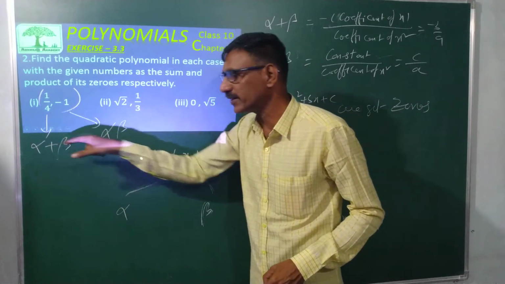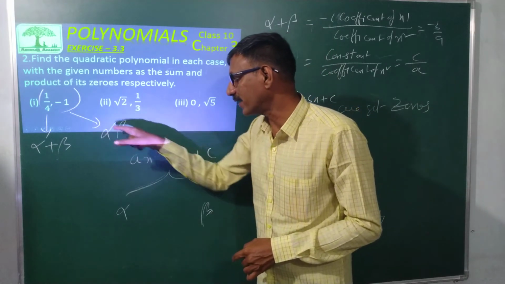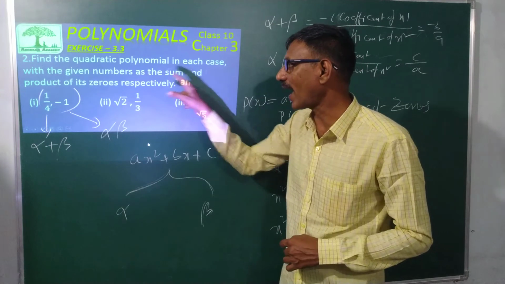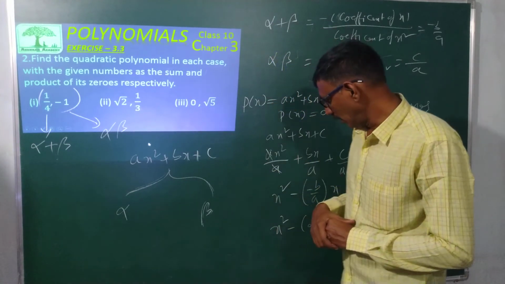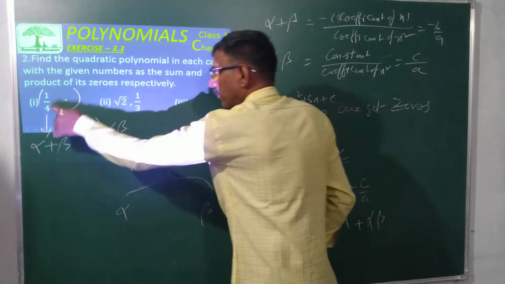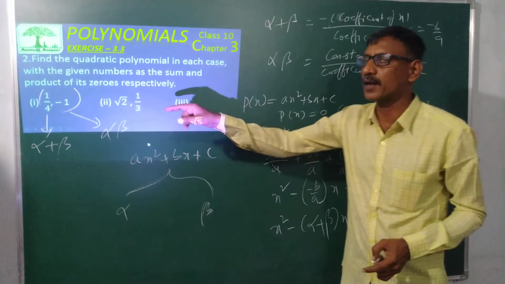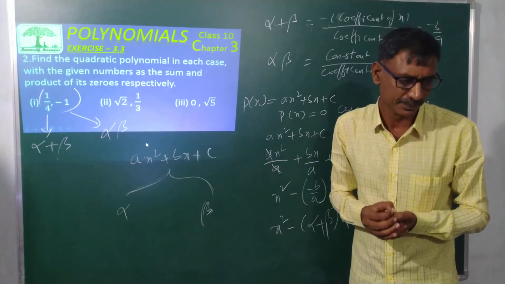That means 1 by 4 is the sum and minus 1 is the product of zeros respectively. Now alpha plus beta is replaced by 1 by 4 and alpha beta is replaced by minus 1. Then I will get a quadratic polynomial.